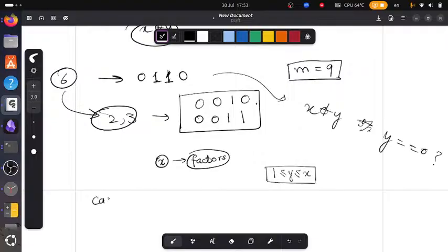So the case one is m is smaller than or equal to x.